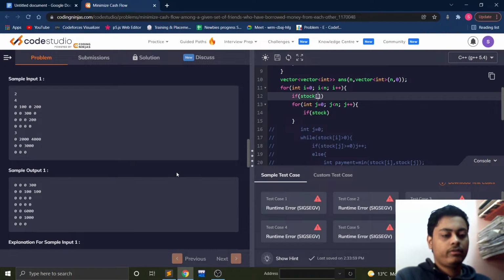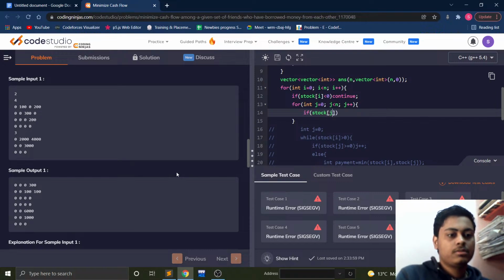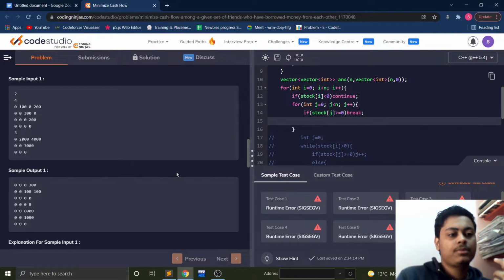If stock of I is negative, I'll just do continue. If stock of j is positive or 0, then also break. Correct.